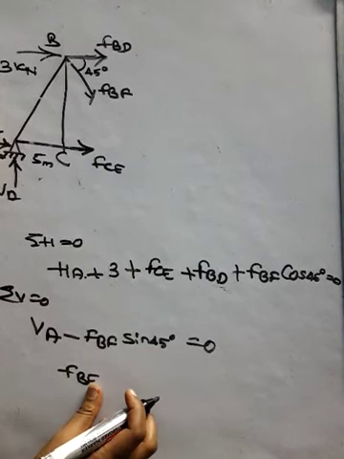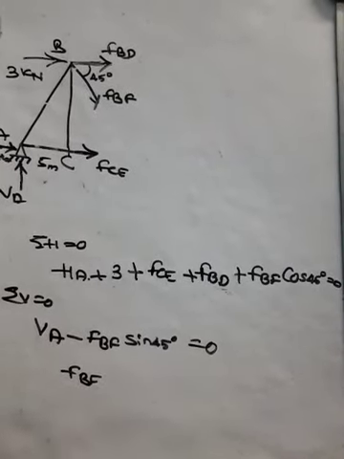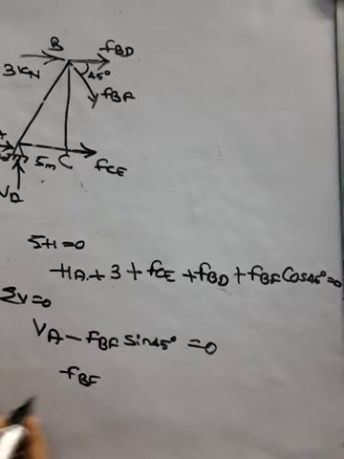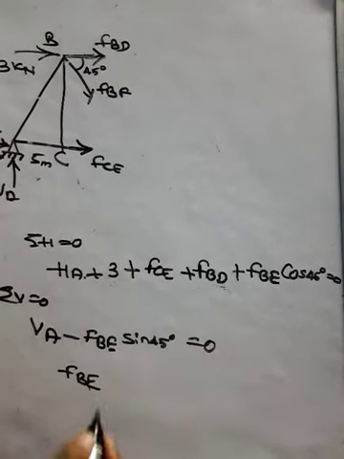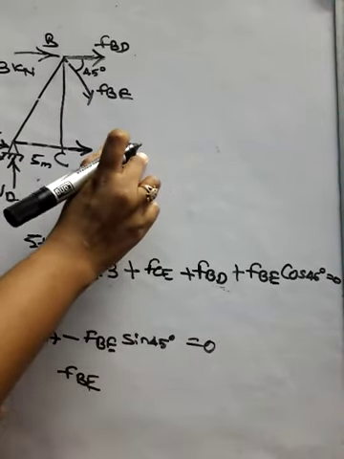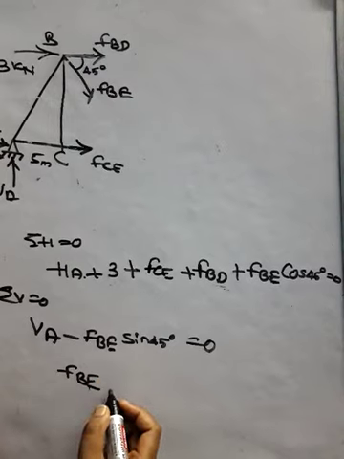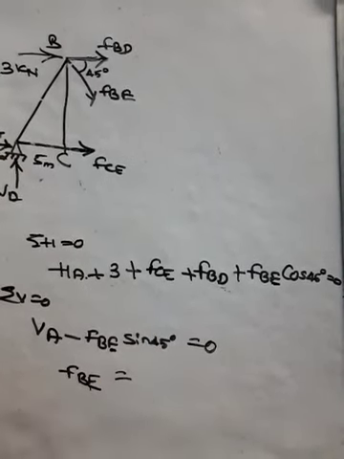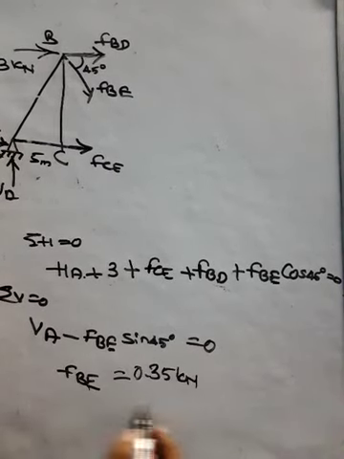Let me check whether it is BE or BF. Yes, it is BE because it is connected to E here. So FBE is equal to 0.35 kilonewton.